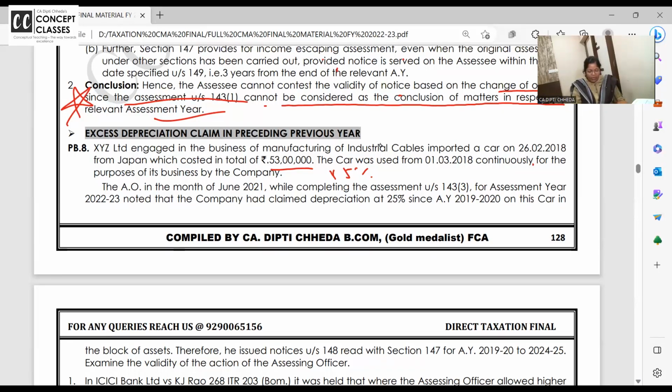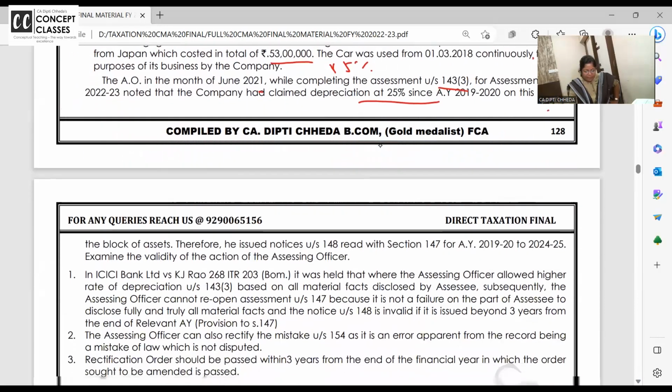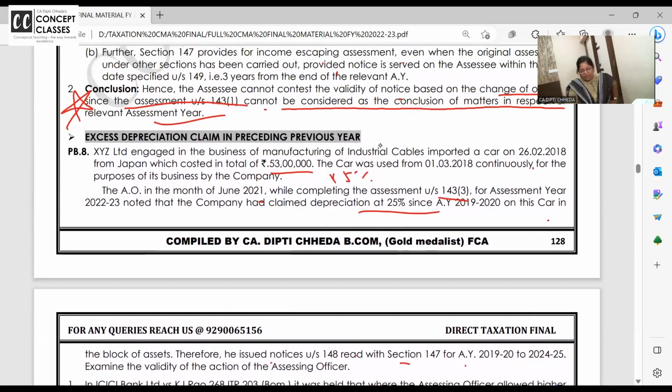The AO, in the month of June 21, while completing scrutiny assessment, noted that the company had claimed 25% depreciation. 25% कोई rate ही नहीं है. Motor car, plant and machinery and all, it is 15%. So for assessment year 19-20 on this car, he issued a notice under 148. Examine the validity of the action of the AO.